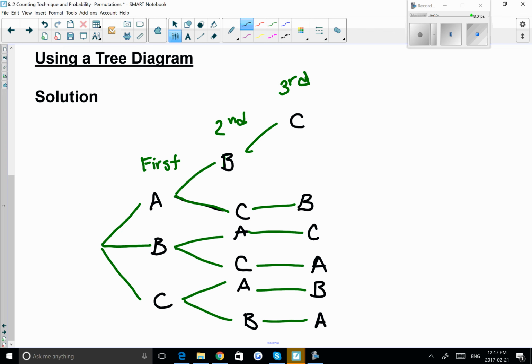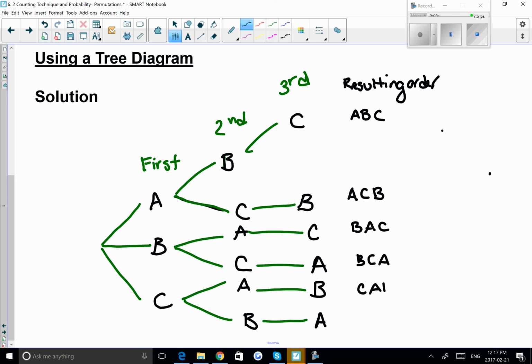So now I have all these resulting orders. I have ABC, ACB, BAC, BCA, CAB, and CBA.